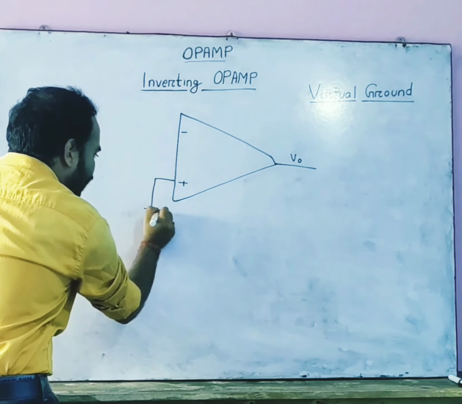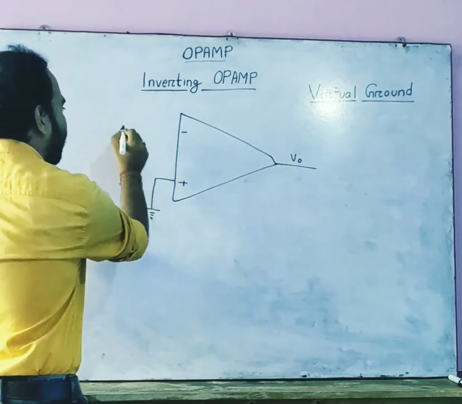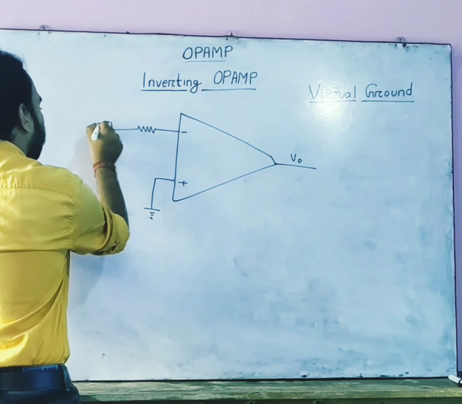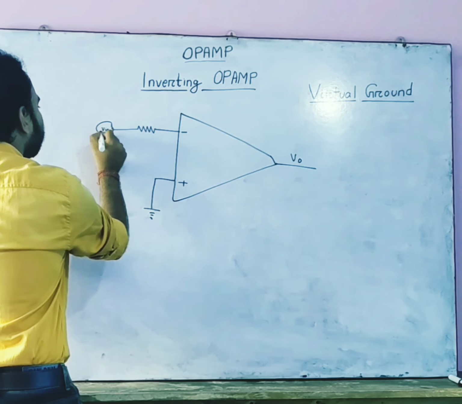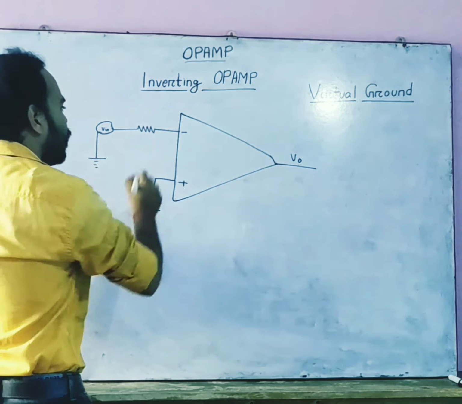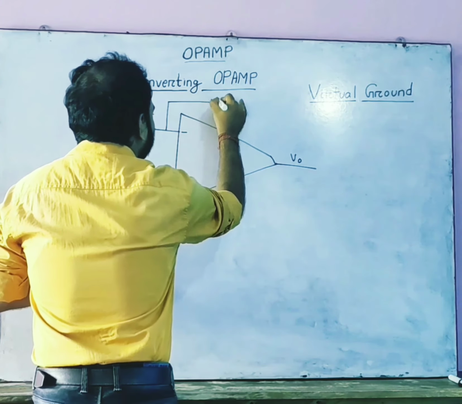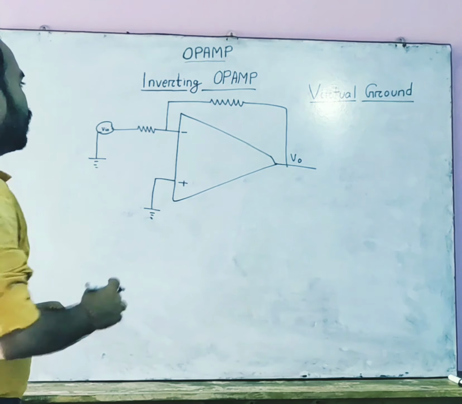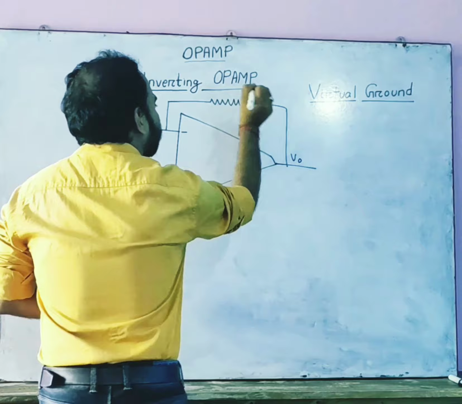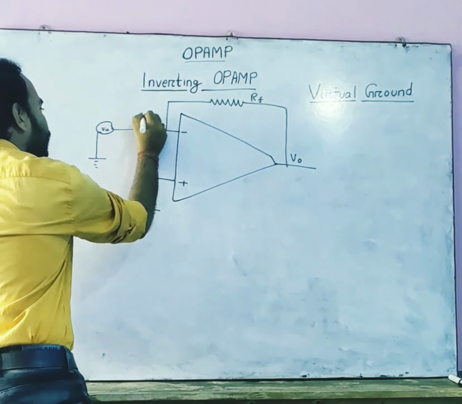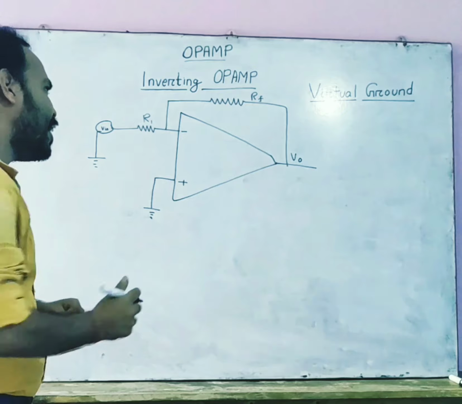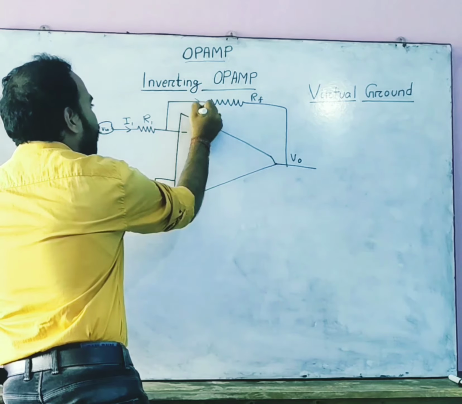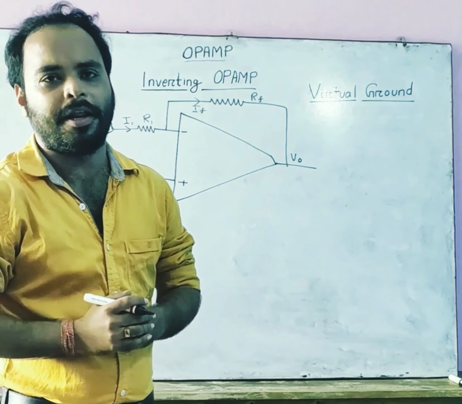Here, the positive terminal is grounded and the negative terminal is connected to the voltage input source V. A feedback resistor is connected from the output to the input line. Now, let us name the feedback resistor as RF, and let us name this resistor as R1. Let I1 amount of current pass through it, and let IF current pass through the feedback resistor RF.